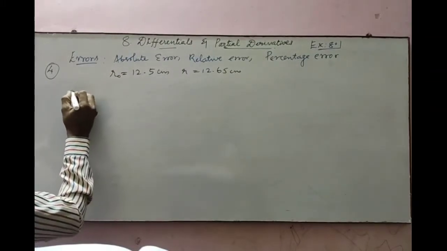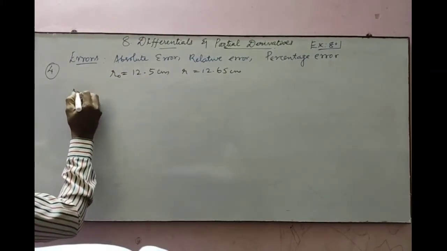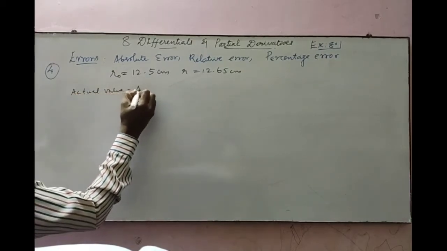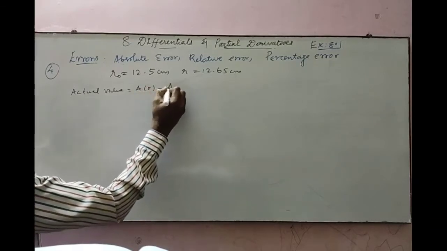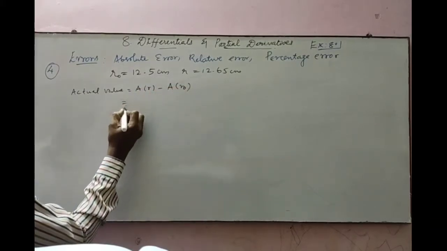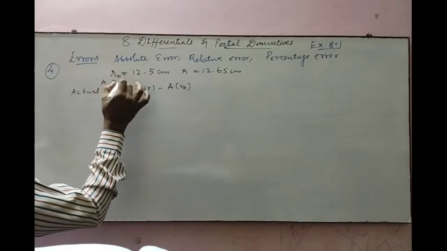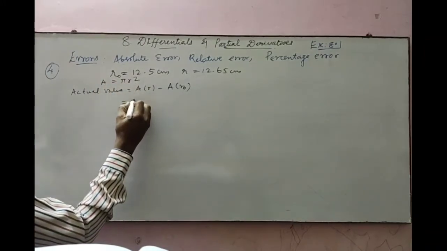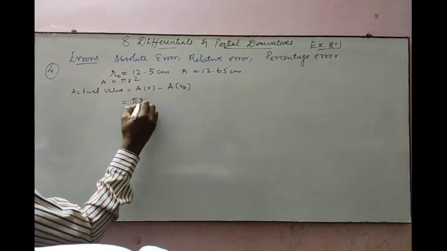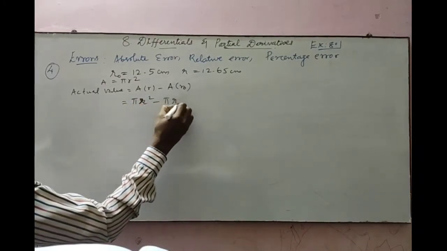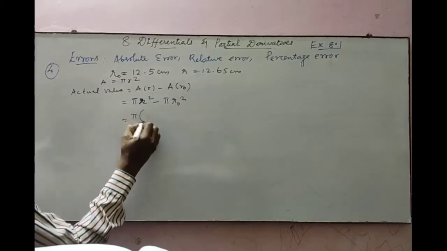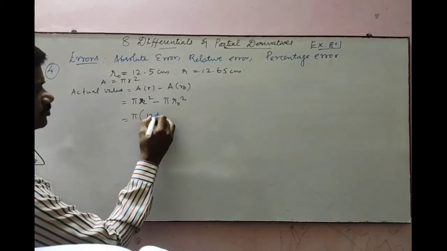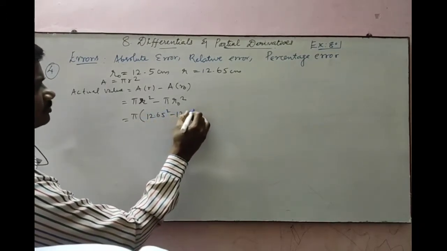Before that you have to find the actual value and the approximate value. So the actual value equals A of R minus A of R0. A means area. The area of the circle is pi R square. So A of R is pi R square minus pi R0 square. In these two, pi is common. I am going to substitute R as 12.65 square minus 12.5 square.